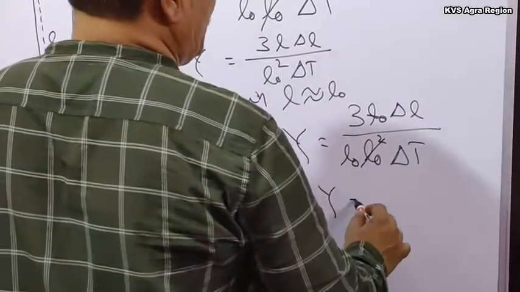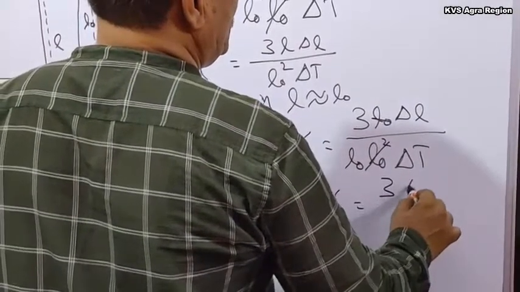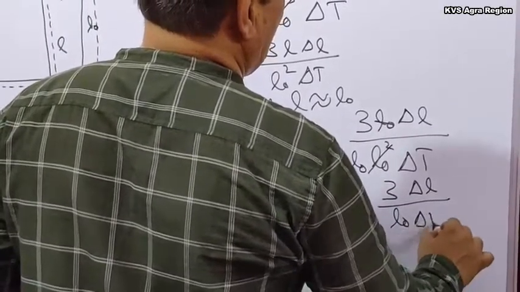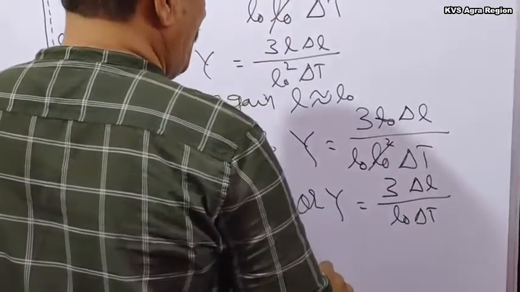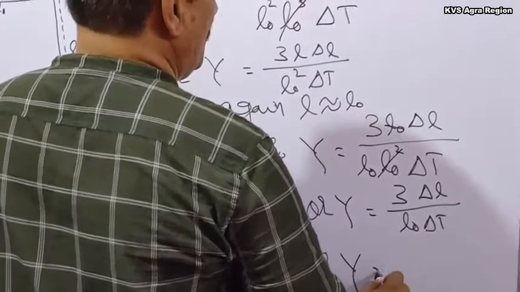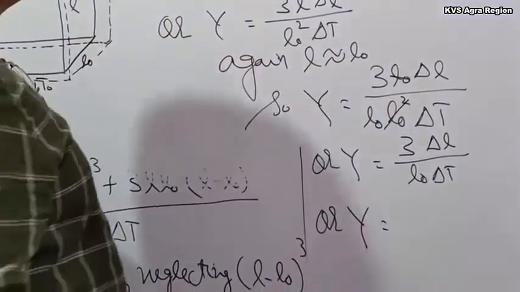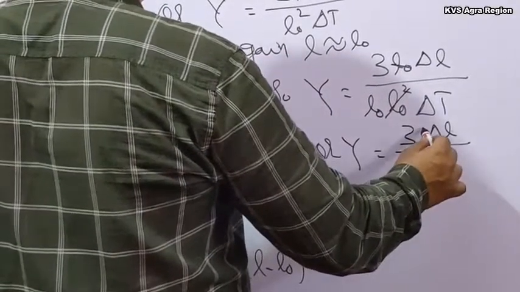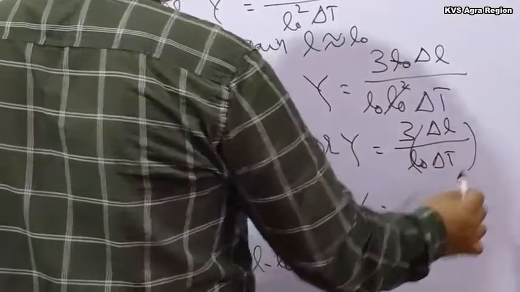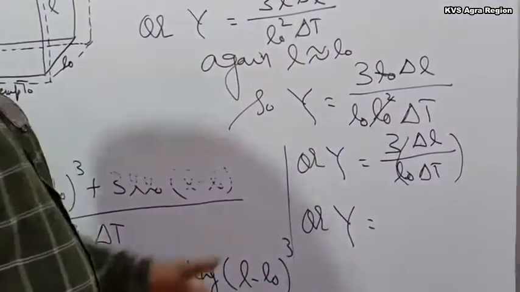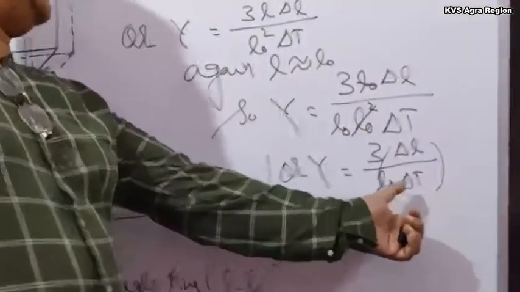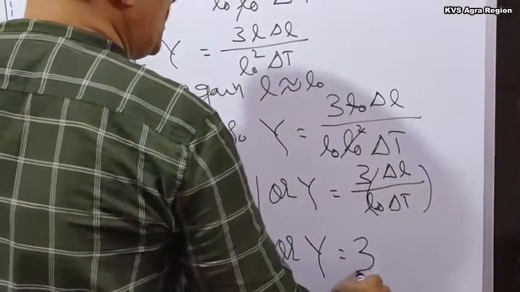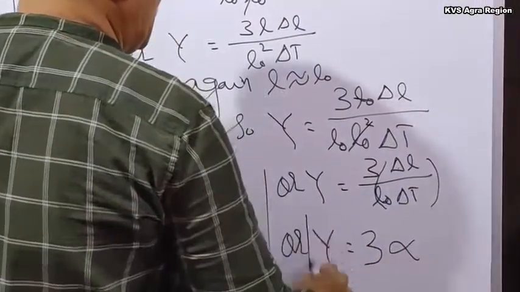So gamma equivalent to 3 delta L upon L naught delta T. This term, what is it? Change in length per unit original length per unit rise in temperature is nothing but alpha. So gamma equivalent to 3 alpha.